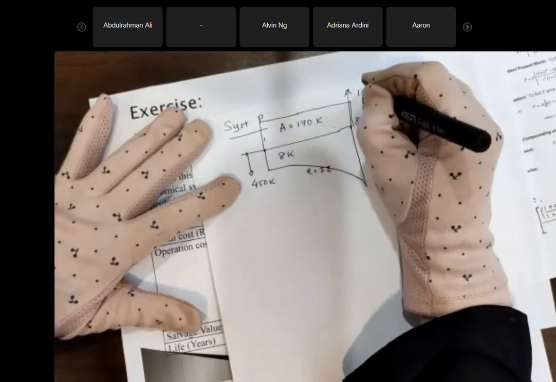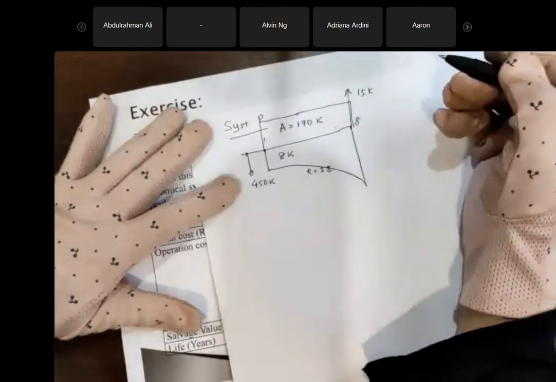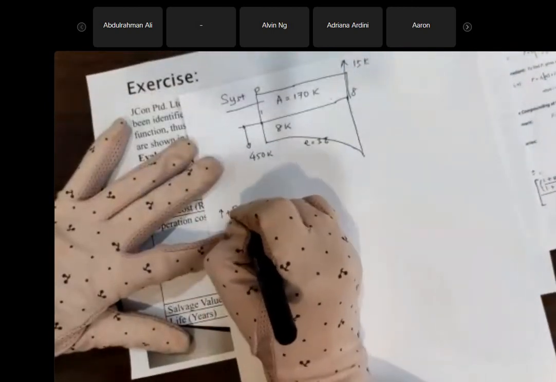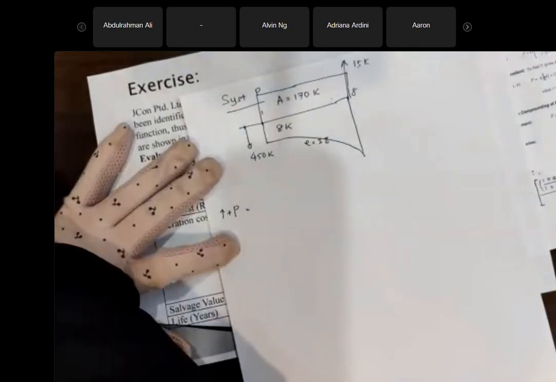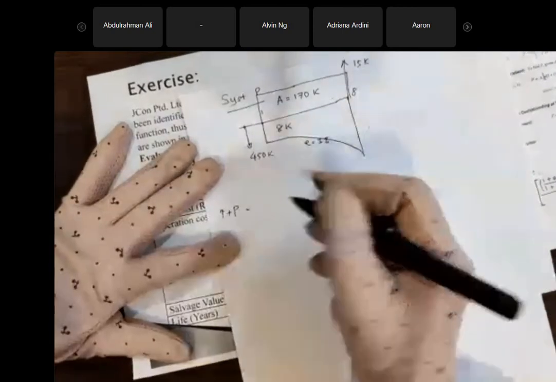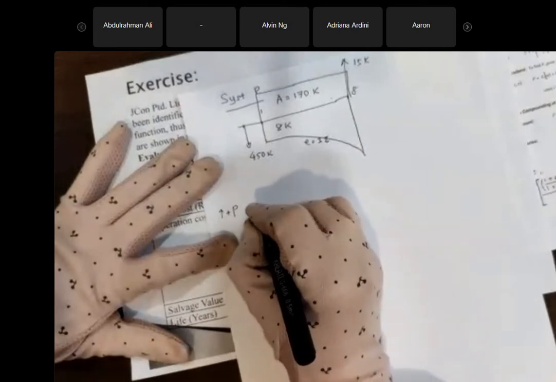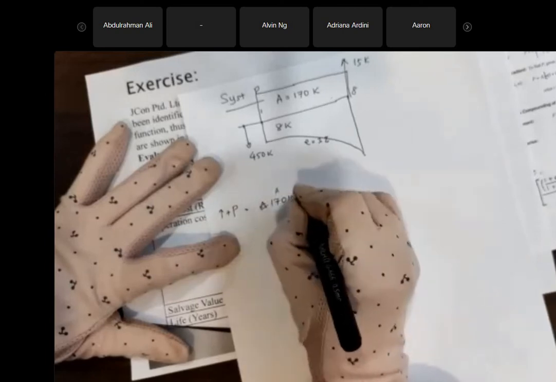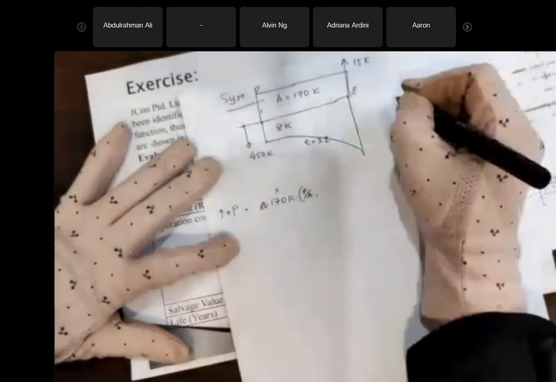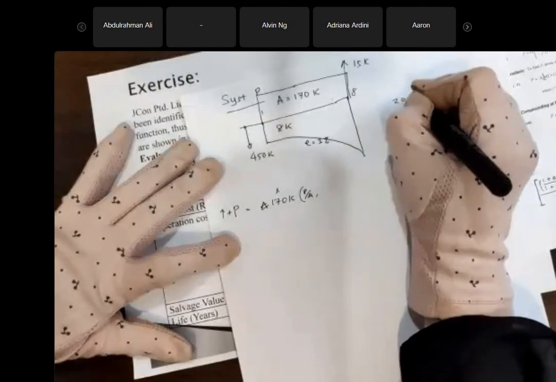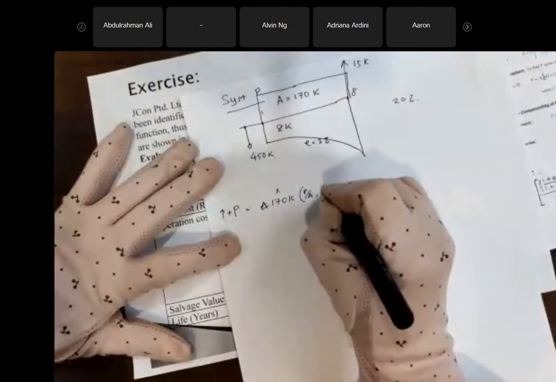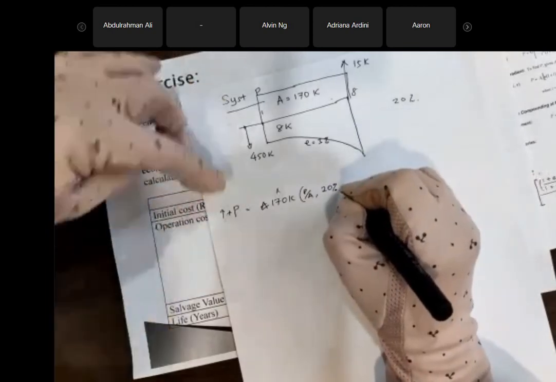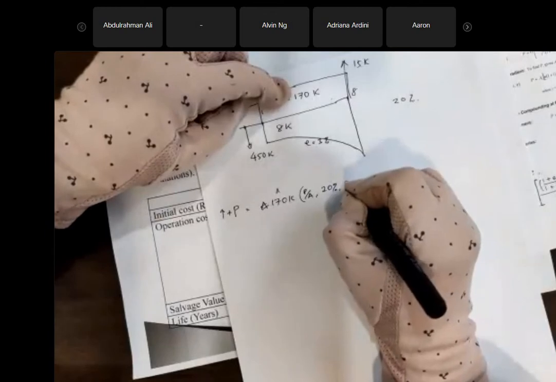So 15,000 is the future value, so P over F at 20%, N is 8. The A of 170 is P over A at 20%, N is 8.